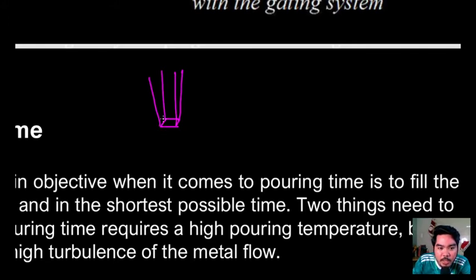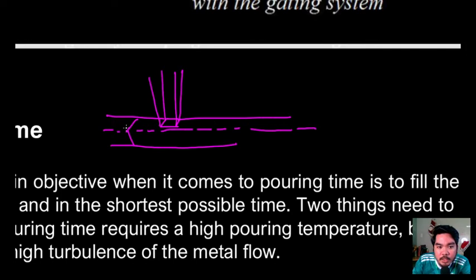Say this is your sprue, and this is its choke area. From the choke area, it runs into two sections, into a runner. It can go in here, or it can go in here. So in this case, there are two changes.